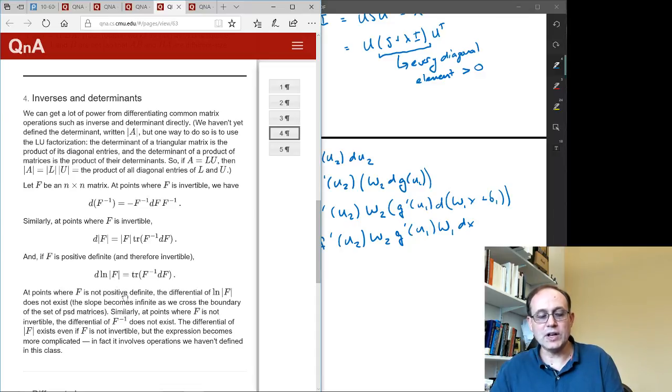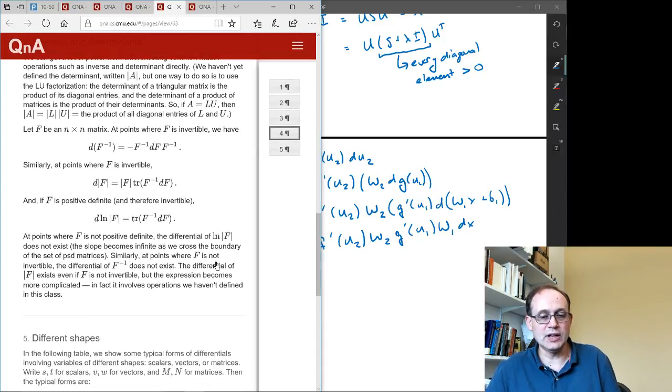And another one that comes up often is the log of a matrix determinant, and that actually has a nice simple expression as well. All right. So there's lots of other identities for other functions of matrices, but these are maybe the most frequently used ones that I've shown so far.